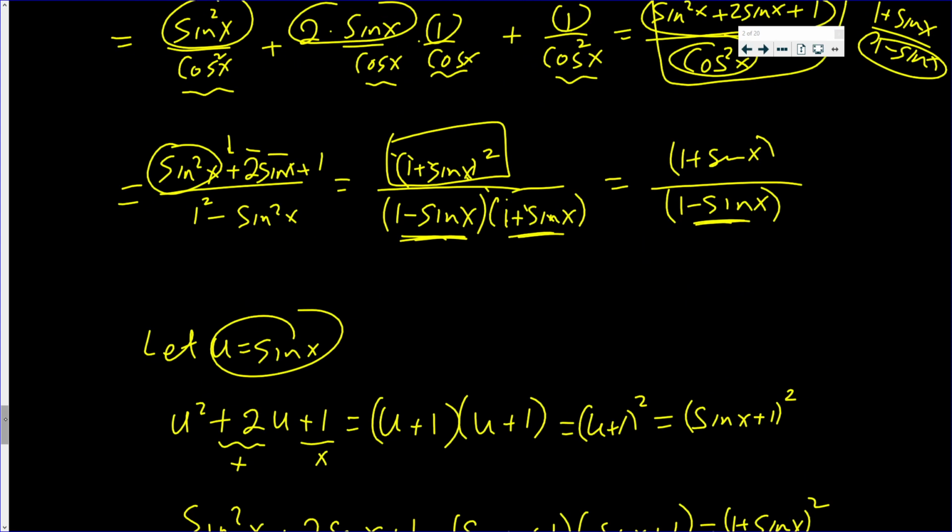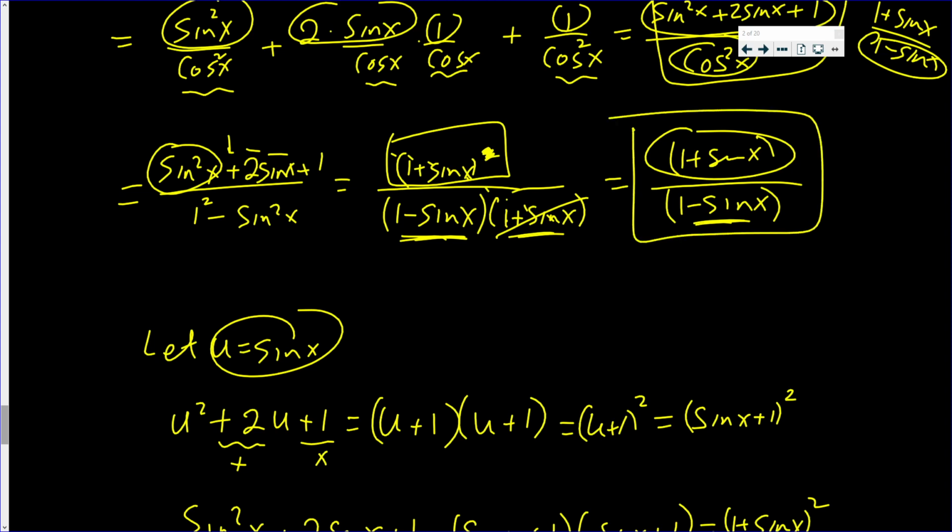Again, what happened is one of these 1 plus sine x factors in the top kills off the 1 plus sine x in the bottom. Since I had 2 in the top and I killed off 1, I have 1 left. There it is. And this is exactly what we set out to show.